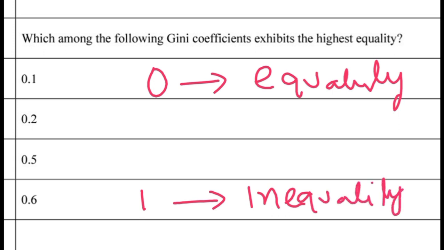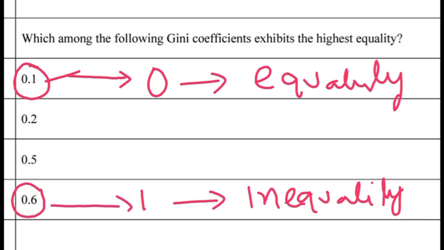Now we have 0.1. Since 0.1 is closest to 0, we can say this 0.1 will denote the highest equality given the four options, and this 0.6 will denote the highest inequality among these four options. So the correct option should be 0.1.